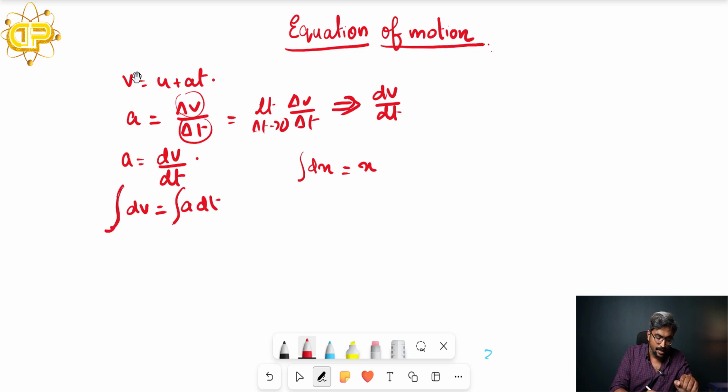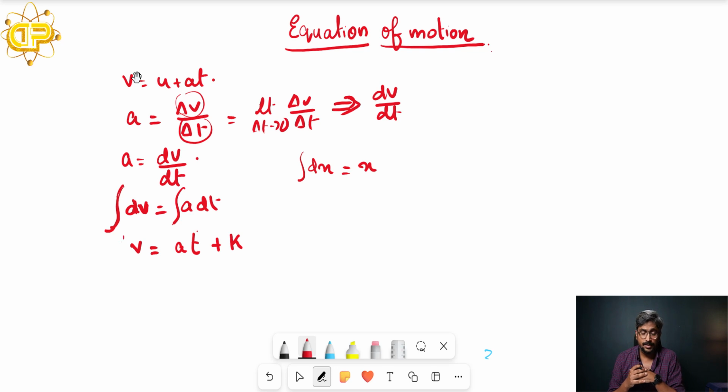Here we are not using any limits, so the integration of dv will become v, that is equal to at, since a is uniform, but one more term will come, the integration constant, that is k.